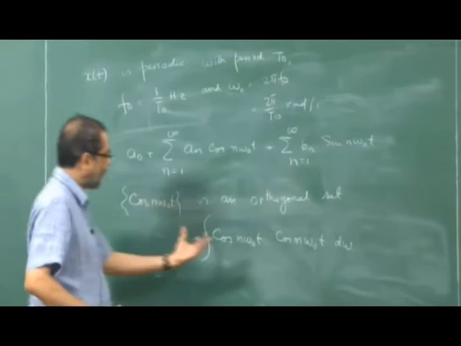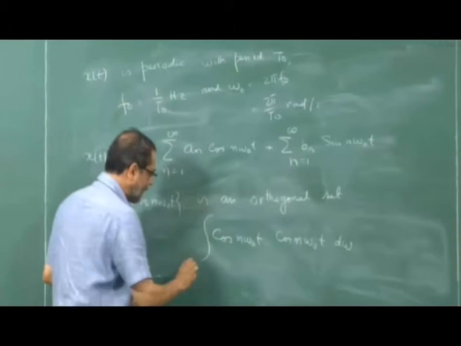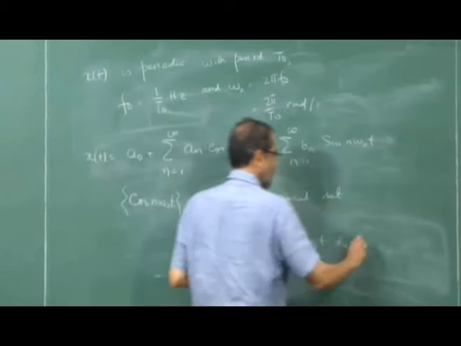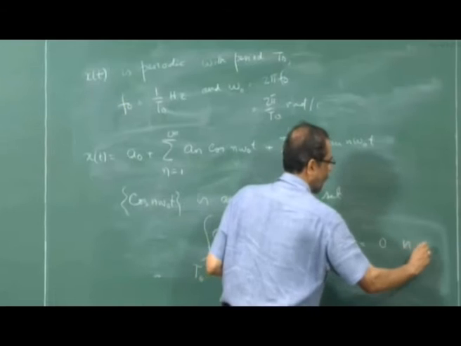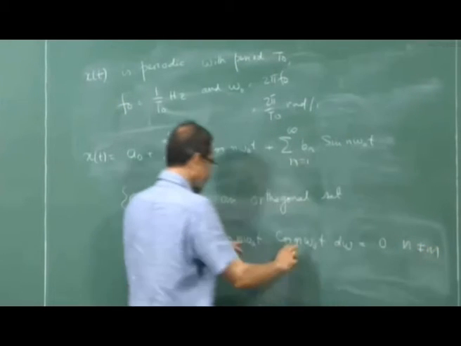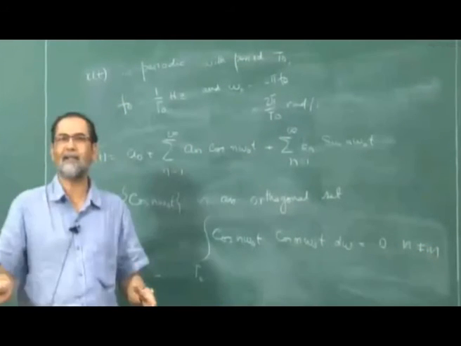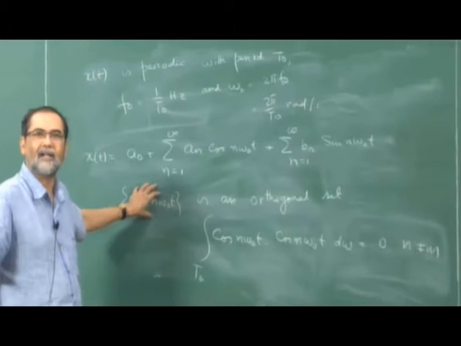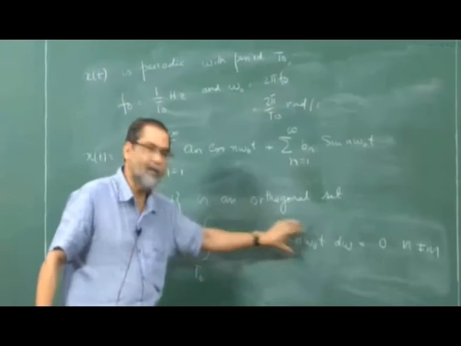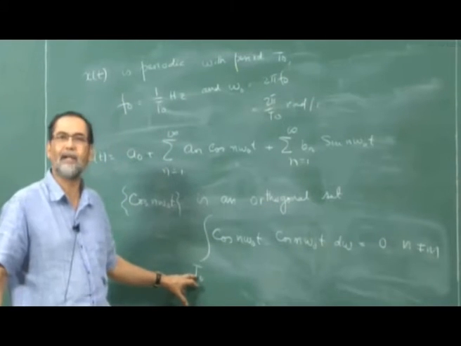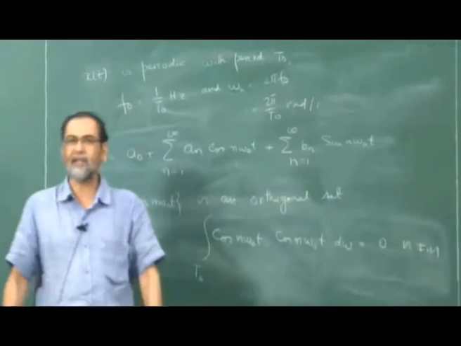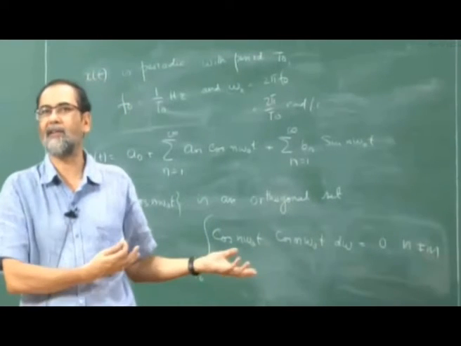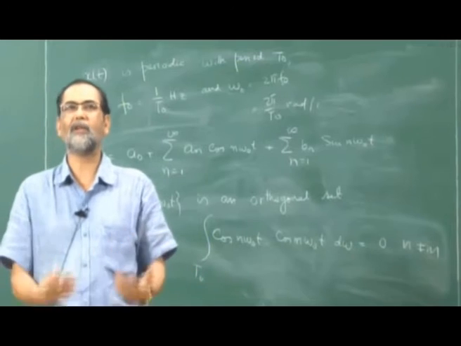If you find the product and integrate over any one period, the claim is this will always be 0 for n not equal to m. As long as n and m are distinct, any two functions taken from this set, when you find the product and integrate over one period, integrate to 0. That's the definition of orthogonality. If two functions satisfy this definition, they are said to be orthogonal.